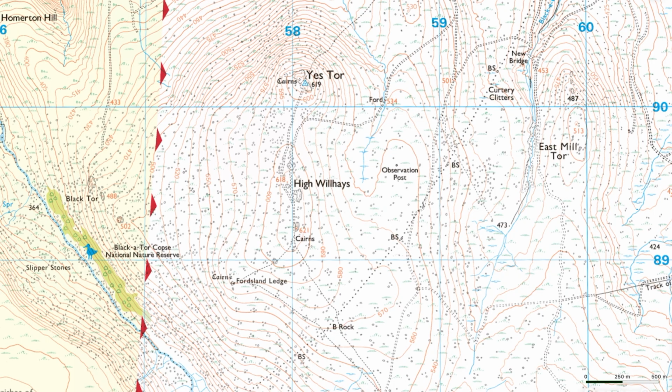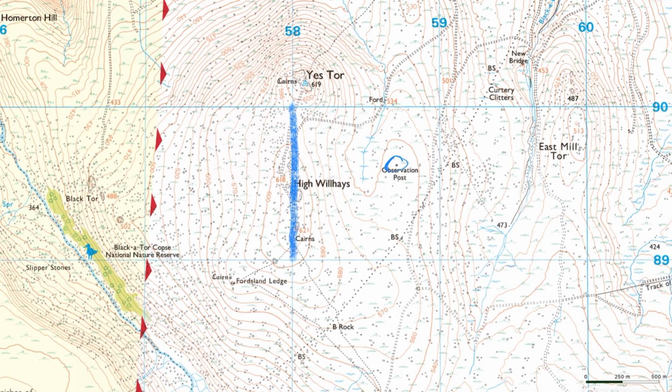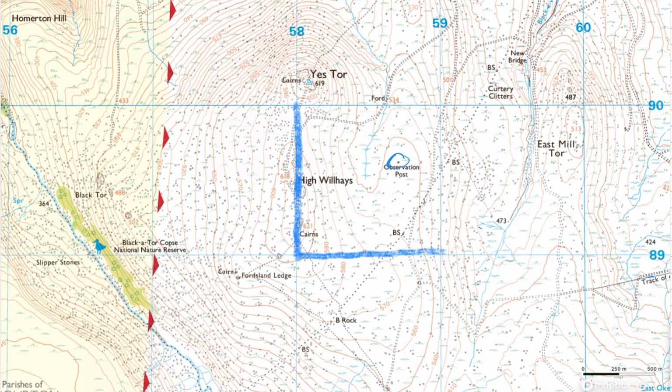We can also use the grid to give us a grid reference. For example, if we want to find the grid reference of the observation post, you isolate the square where the point is and you draw an imaginary letter L around that square. So you come down the easting and along the northing. Firstly, you take the easting, which is 58, and you imagine how far it is in tenths across to the next easting, and I'm estimating that as 7.